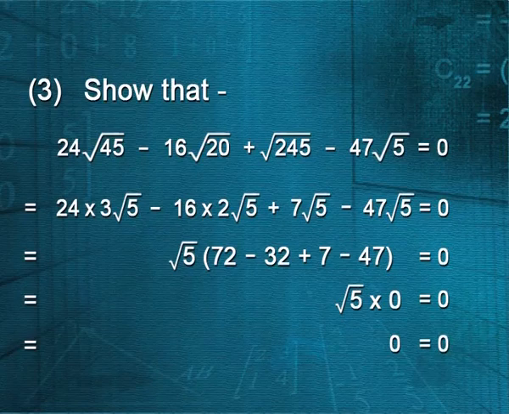Hence, we have proved that 24 root 45 minus 16 root 20 plus root 245 minus 47 root 5 is equal to 0. So we see that in the case of addition and subtraction of surds, we take the irrational factor common and then we add and subtract.